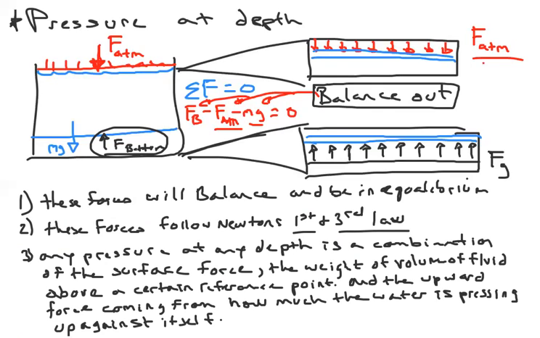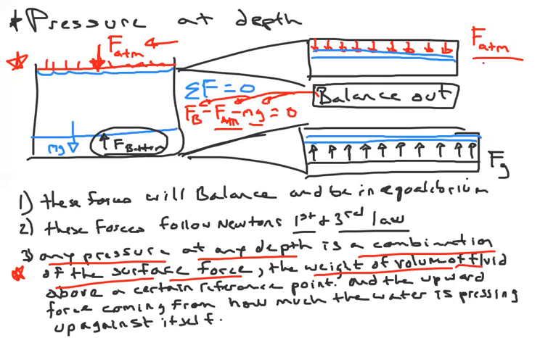And then the last thing we know is any pressure at any depth is a combination of the surface force, the weight, which is essentially, I'm just reiterating everything that's in this picture here. Any pressure at any depth is a combination of the surface force, which is typically the atmospheric force or atmospheric pressure, the force from the atmosphere, and the weight of the volume of the fluid above a certain reference point.